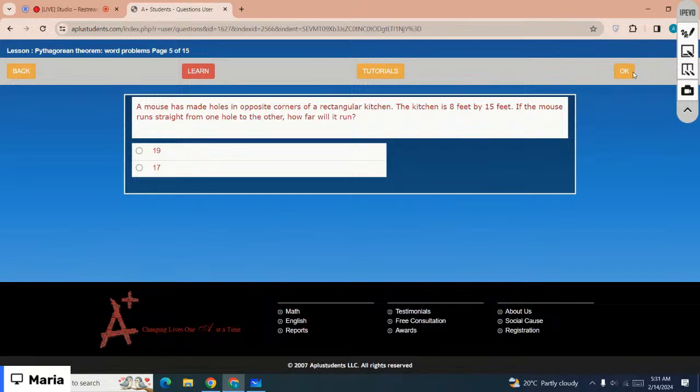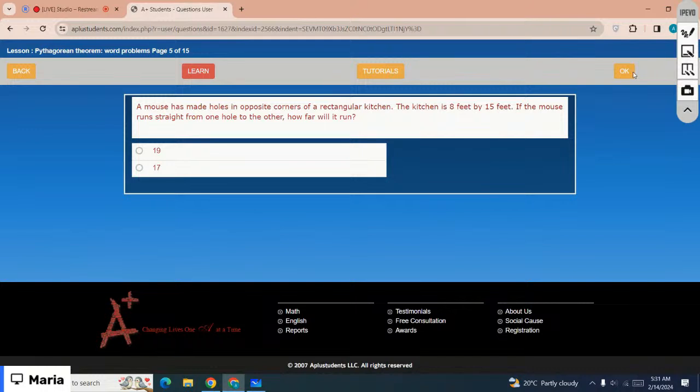The correct option is, 8 by 15 it is, right? You need to calculate the hypotenuse. 15 squared is 225 plus 64, that is 289.